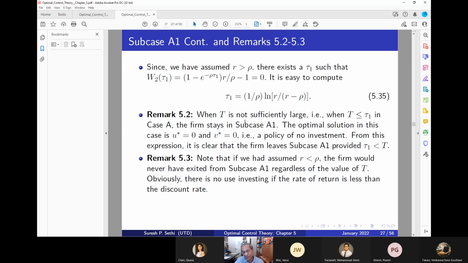But if I give you a question and I say t is sufficiently large, then you have to sort of mean that I have to have a t so that every case that I want will happen. Because if you assume t to be less than tau 1, then the problem is solved. U star equal to 0, V star equal to 0, and we are done.